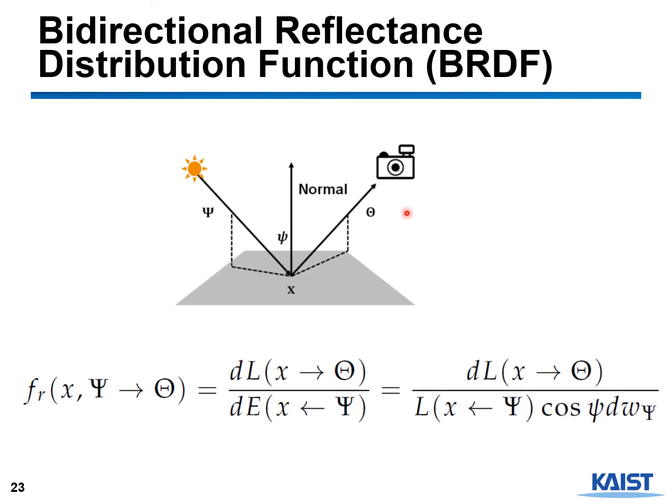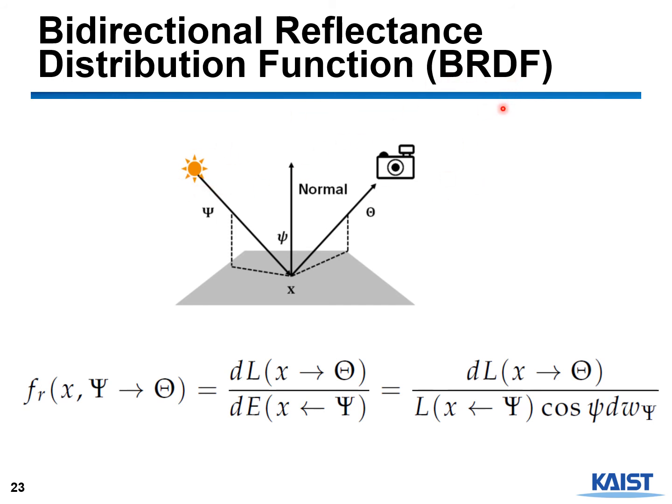How can we measure the BRDF of different materials? We put a certain light source, and capture the reflected energy with a camera. By changing the position and direction of the light source and camera, we can measure this function.